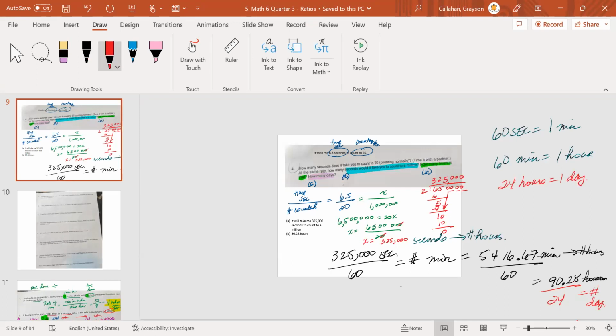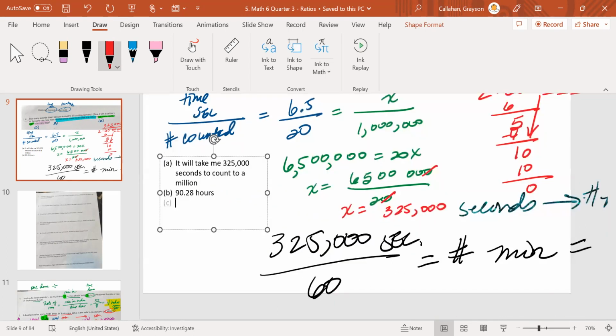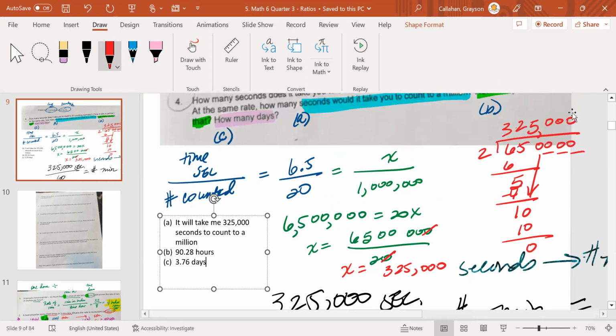You're gonna have to divide this on your own because I'm not dividing this for you, because you should know how to divide. So that's gonna give you 3.76 days. So for part C, where it says how many days, that's gonna be 3 days. And I think that's all the question that there is. Yep, it is.